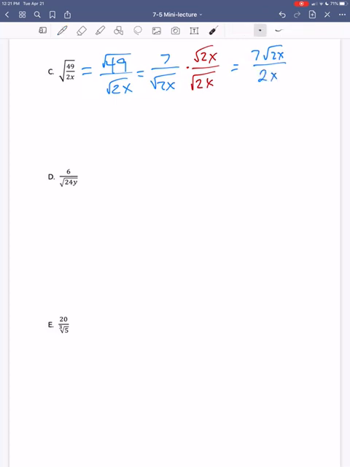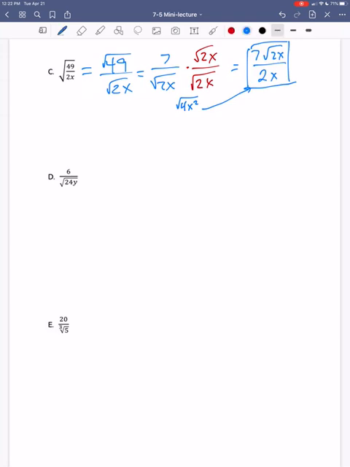The other way you could think about it, 2 times 2 is 4. X times x is x squared, so that would be the square root of 4x squared, which is again 2x. We could do it either way. I can't cancel anything inside a root with anything outside a root, so I'm done here. If the 2 went into the 7, I could cancel the 7 and the 2, but that doesn't happen.